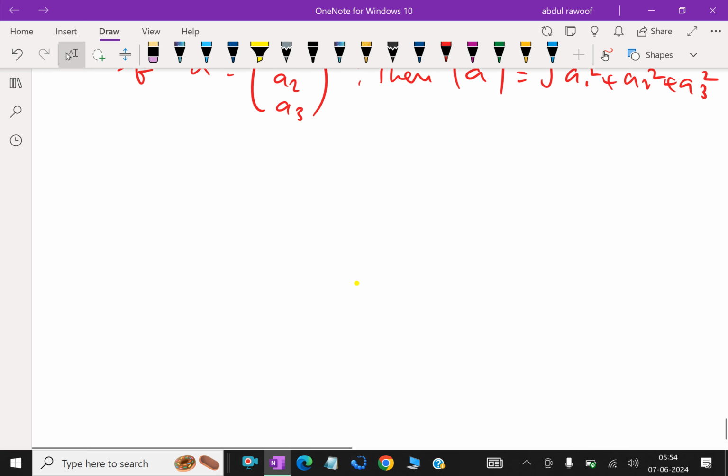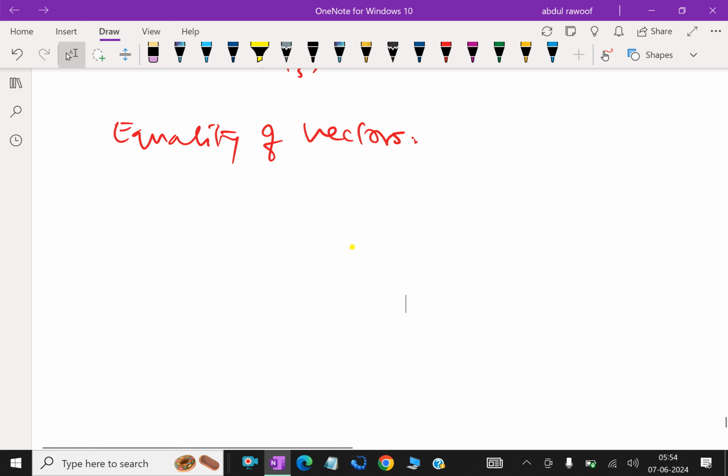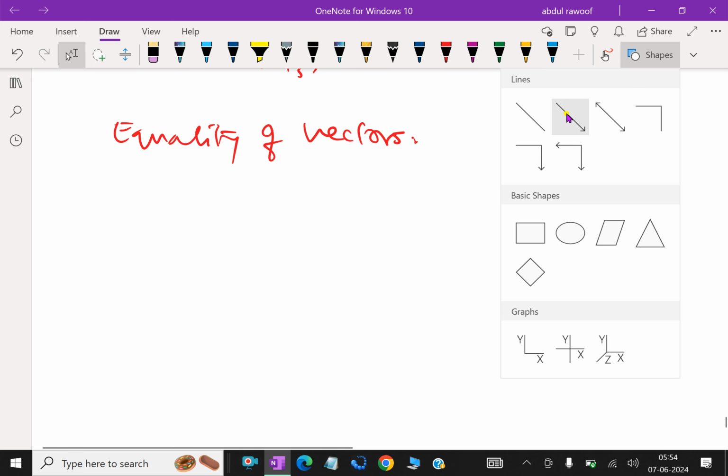Next, equality of vectors. Two vectors are said to be equal if they have the same magnitude and direction. Suppose, look at here, we draw two vectors in space.